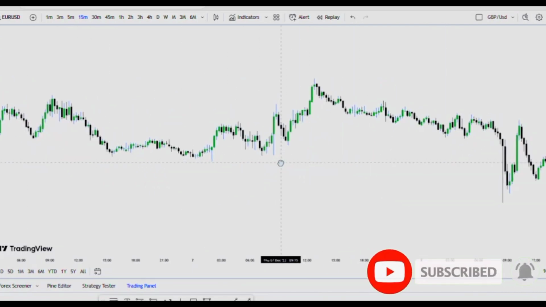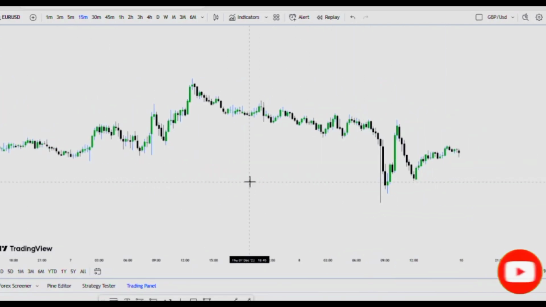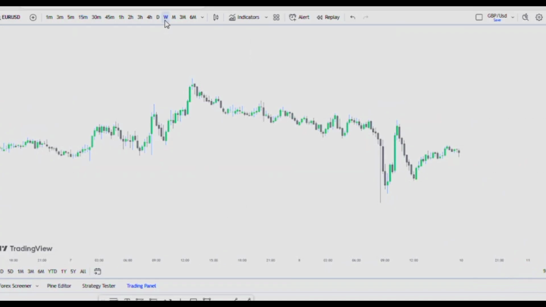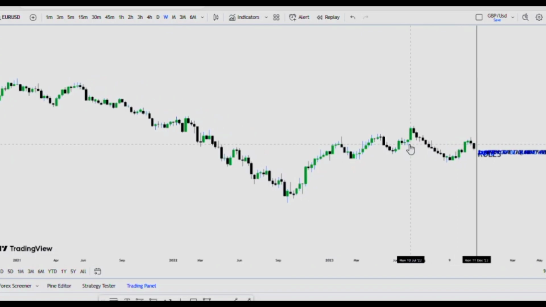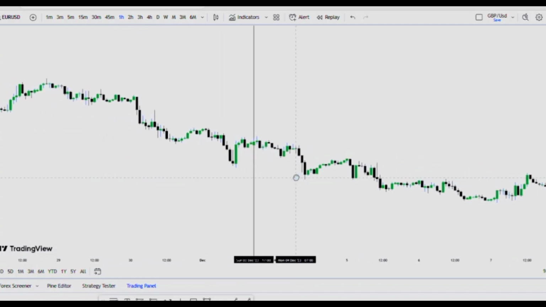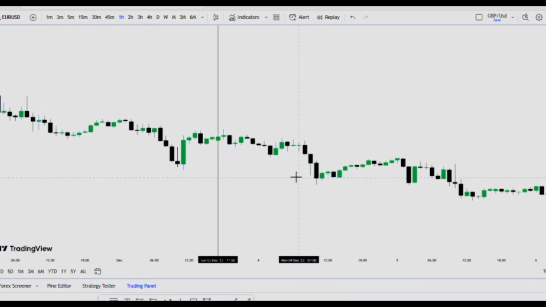Let's look at an example, right? So let me go to the weekly time frame. Okay, so on the weekly time frame, what I want to do is mark out and I drop to the 1 hour. This is what I have, right?